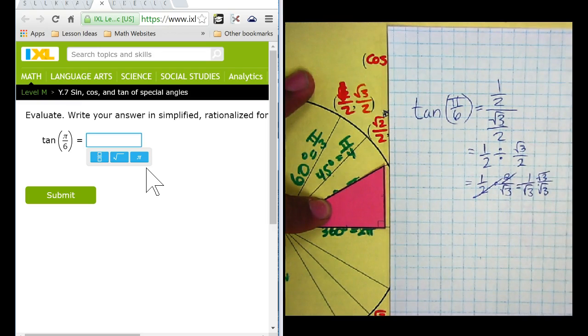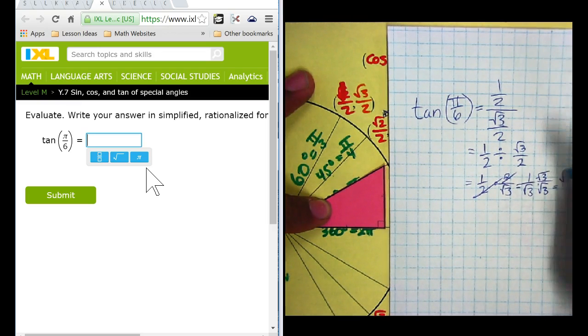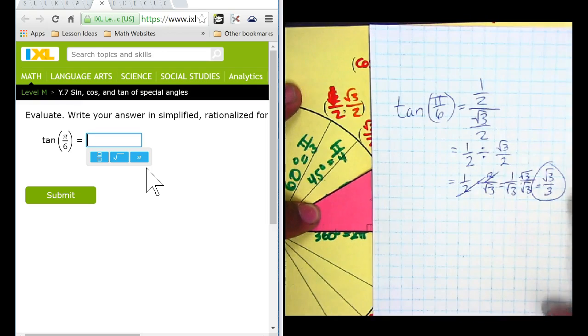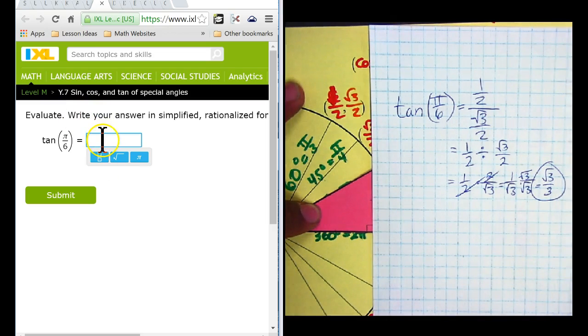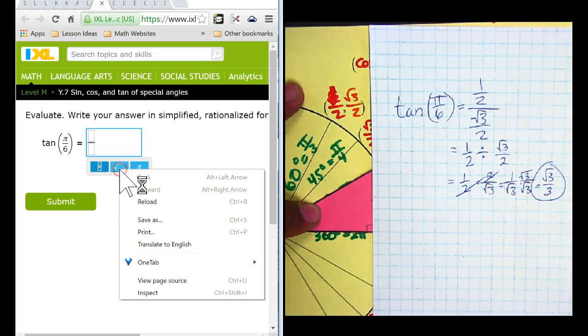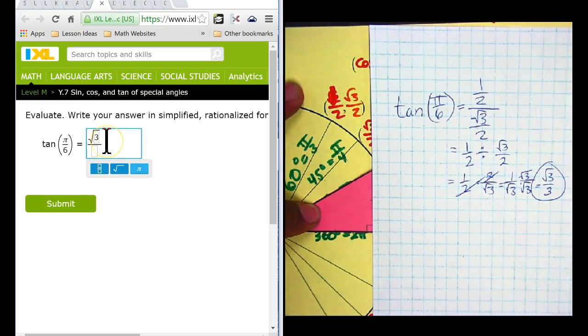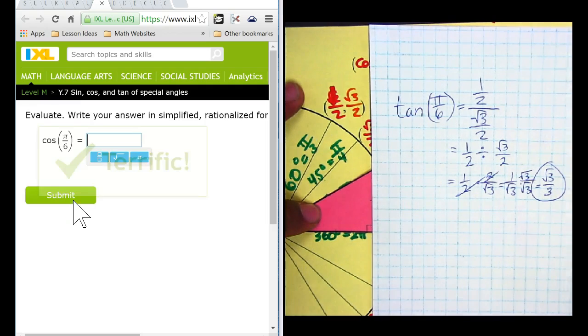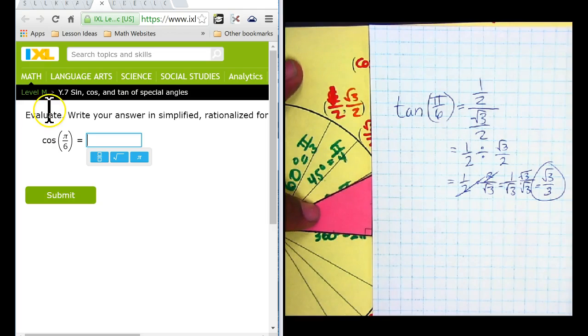So we multiply both top and bottom by rad 3. And 1 times rad 3 is just rad 3 itself. And then rad 3 times rad 3 cancels out the radical. So we have radical 3 over 3. And that is the tangent of pi over 6. Hopefully I got it right. Yes, I did. Okay. Well, that is how you do that.